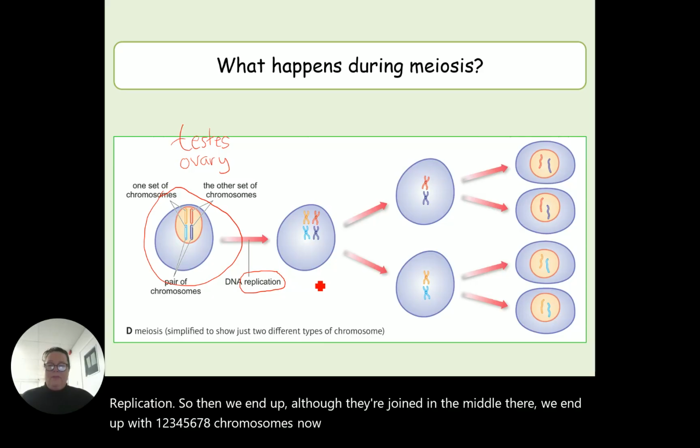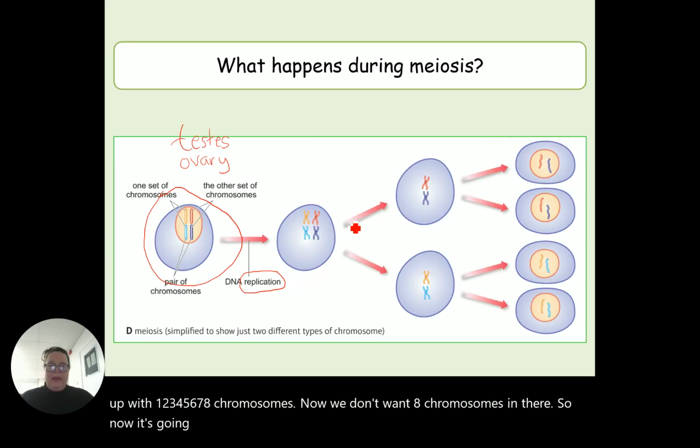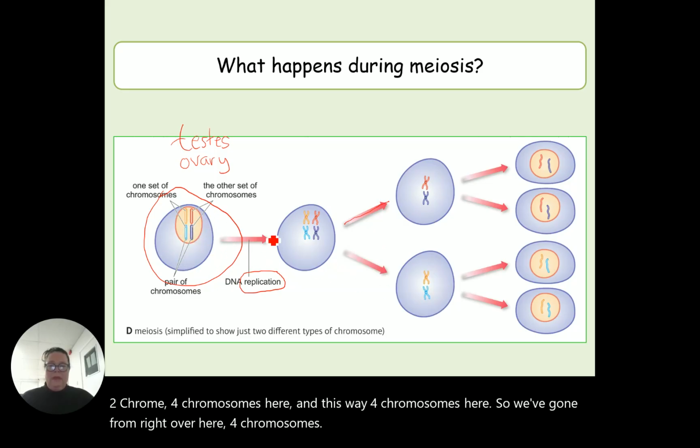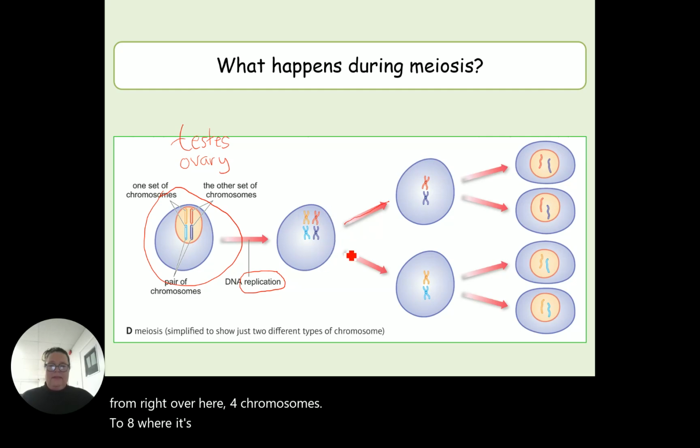Now, we don't want 8 chromosomes in there. So now it's going to divide, and here it divides this way, 4 chromosomes here, and this way 4 chromosomes here.